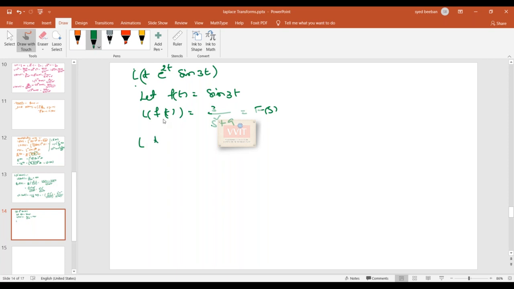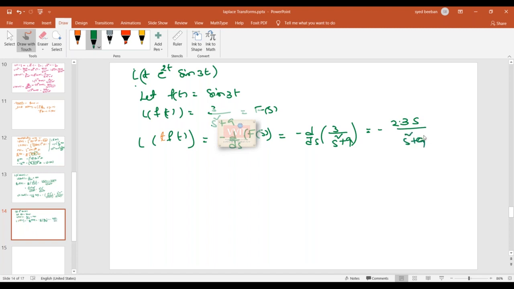Then L of t times f of t equals minus d by ds of f of s, which is equal to minus d by ds of 3 by s square plus 9, which is equal to minus 3 times minus 2s by s square plus 9 whole square.